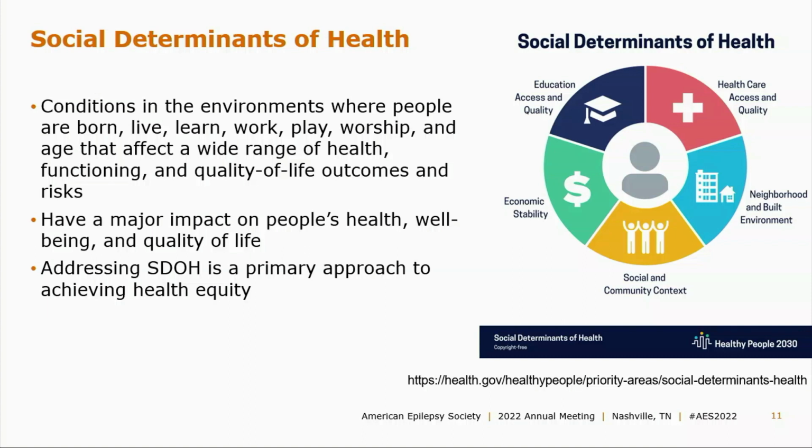This graphic on the right is from Healthy People 2030, and it highlights 5 domains of the social determinants of health. This means focusing on the resources needed to maintain health and quality of life. Examples can be safe and affordable housing, high quality education, healthy foods, local health and emergency services, and environments free of life-threatening toxins, things like that.